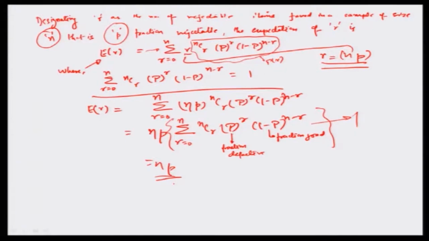For the purposes of further mathematical development, the expression for standard deviation also needs to be computed, because that is going to be added on to studying this distribution further.